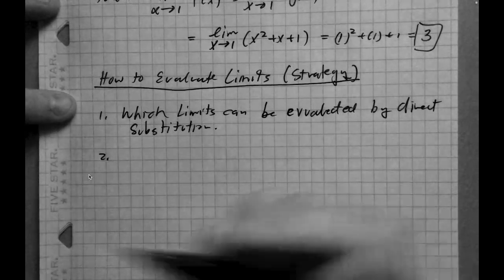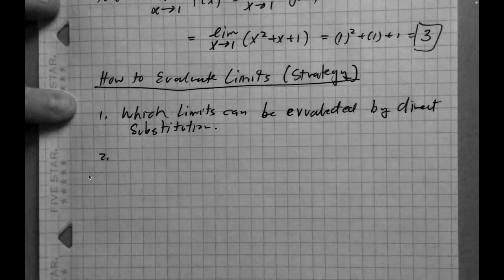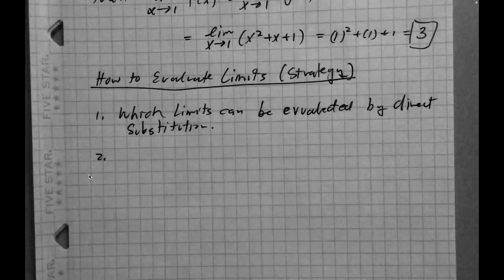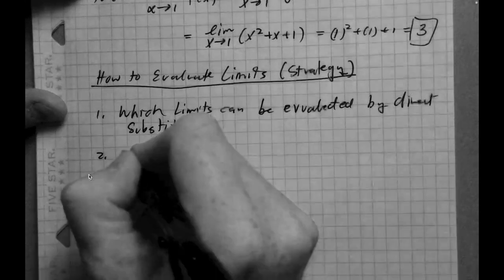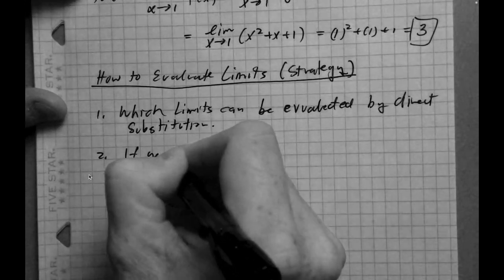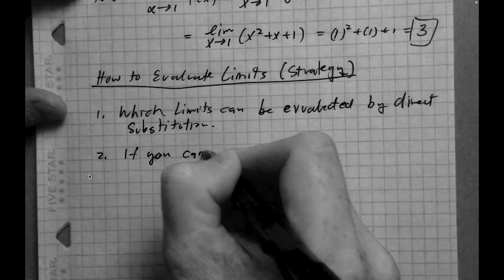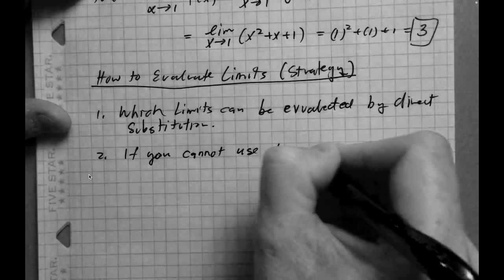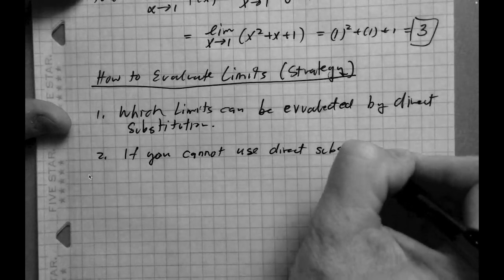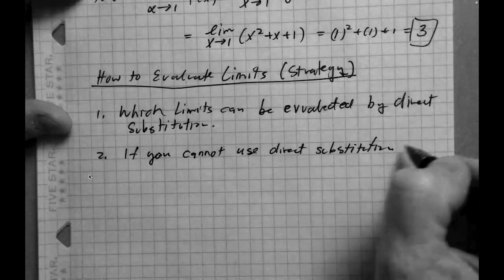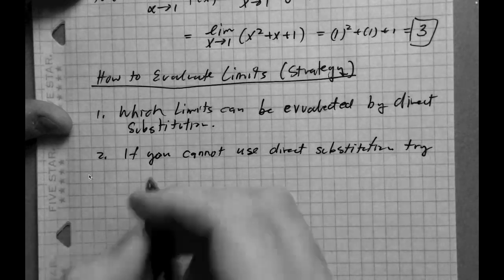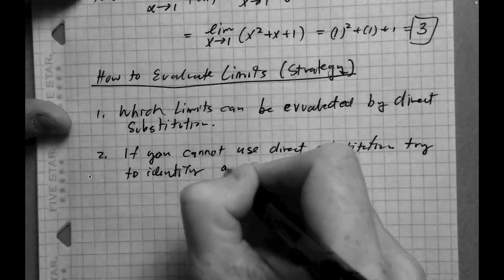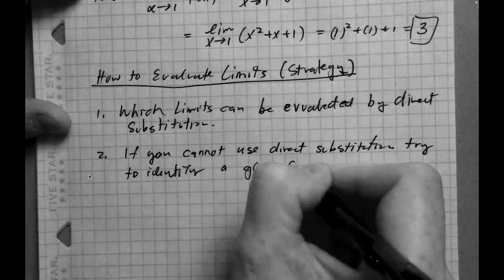If you cannot use direct substitution, try to identify a function g of x that's equal to f of x everywhere except the limit point, kind of like the previous example. So if you cannot use direct substitution, try to identify a g of x equals f of x, right?